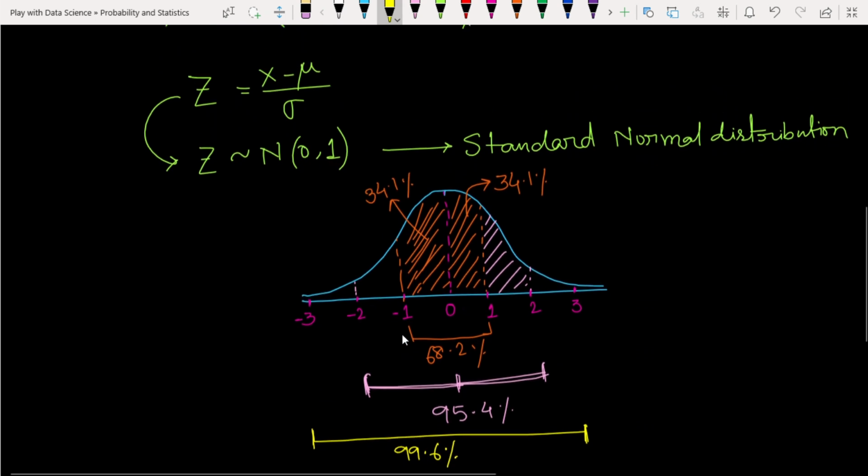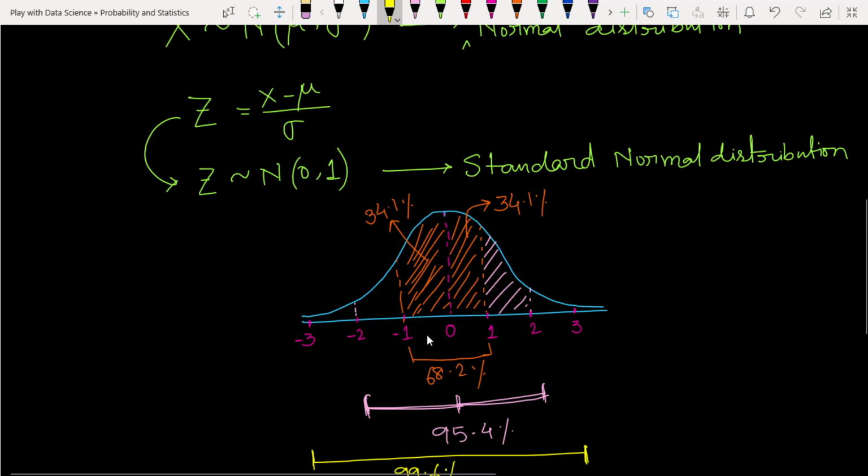So the importance is that we can easily conclude, without calculating 1 sigma, 2 sigma, that on the range of 0 and 1 we have 34.1% of the data.